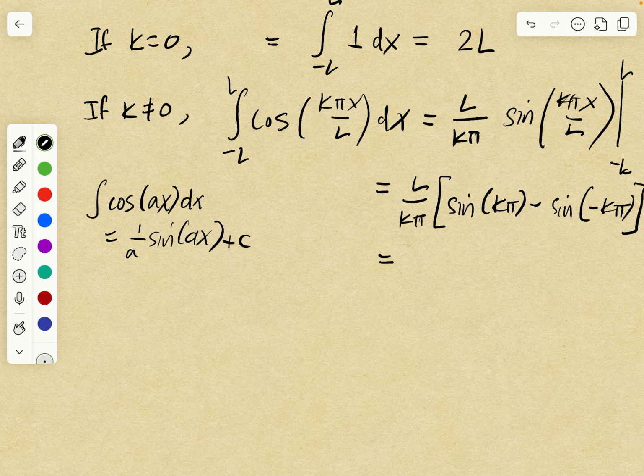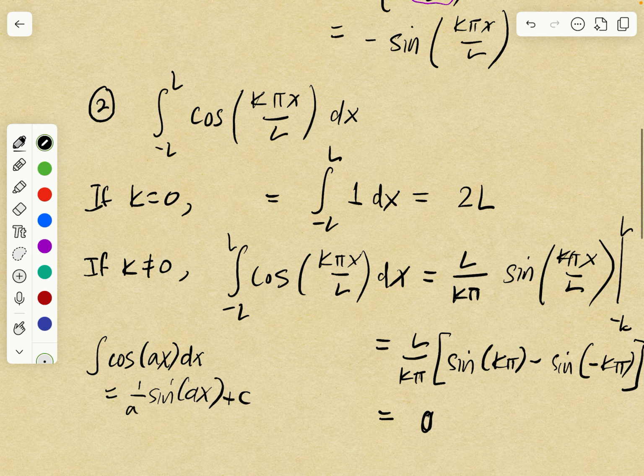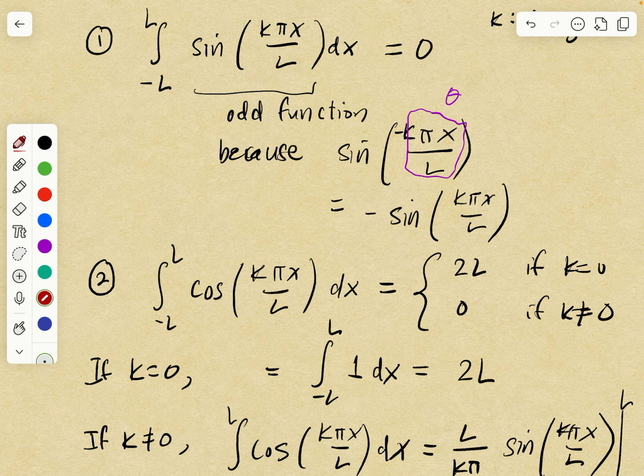And so you're just going to get 0. So if k is not 0, this integral is just 0. So this integral is 2L if k is 0 and is 0 if k is not 0. That's what we found. Whereas the integral above is always 0 no matter what the value of k is.